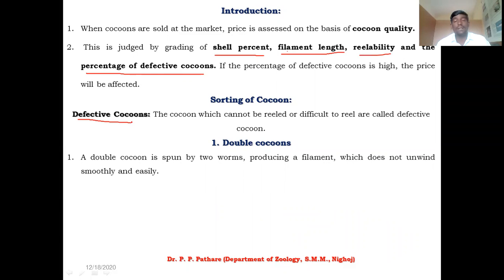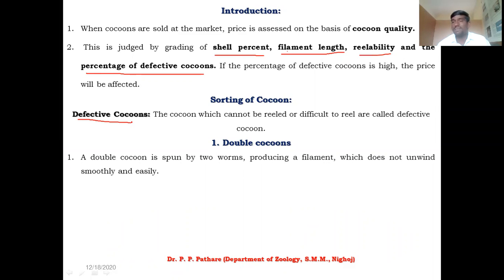The first one is double cocoon. A double cocoon is spun by two worms, producing a filament which does not unwind smoothly or easily. By accident, I was given the information regarding defective cocoons. Double cocoon is one of the best examples of defective cocoons.